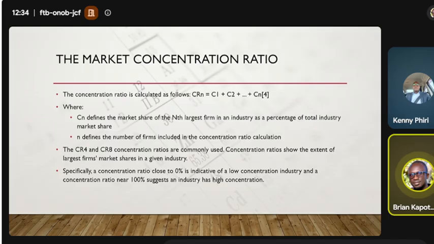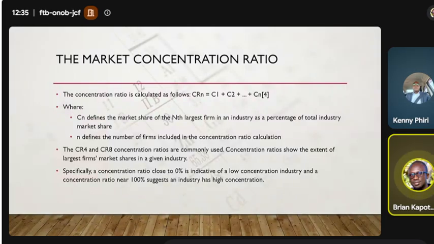C2 is the market share of the second largest firm. And then you can continue adding C3, if they're 3, if they're 4, if they're 5. That's why there are those dots in the formula.